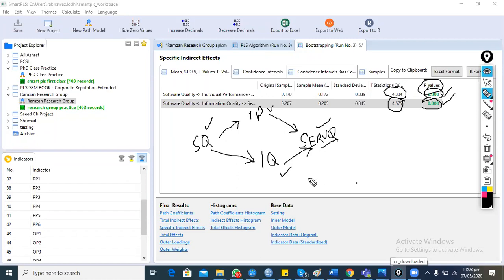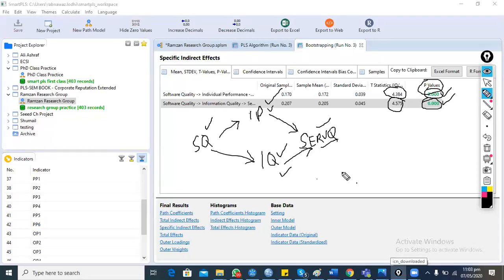Both indirect relationships are statistically significant, which is the evidence of the existence of a mediation. So mediation exists, and we can say that the mediation of individual performance and the mediation of information quality exist in the model.